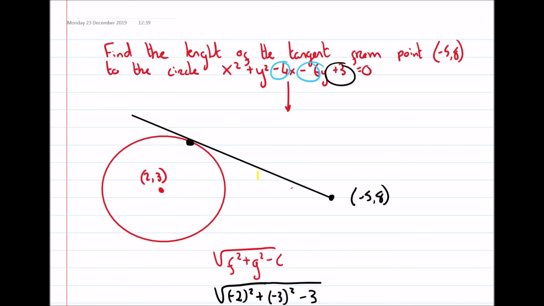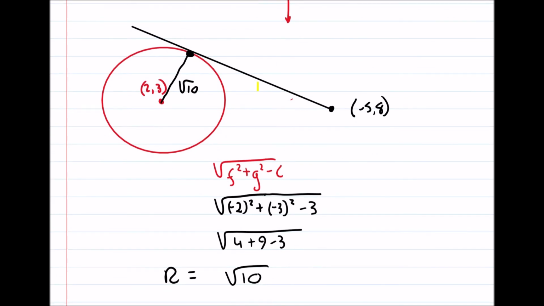And we know that from here to here is the square root of 10. We know that because the radius is the square root of 10. If I join that point to the centre of the circle, I now have a right angled triangle. Look, here it is.